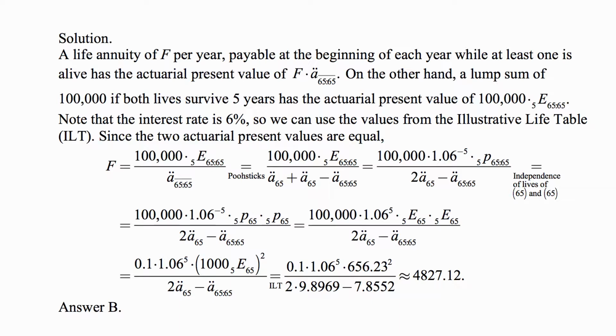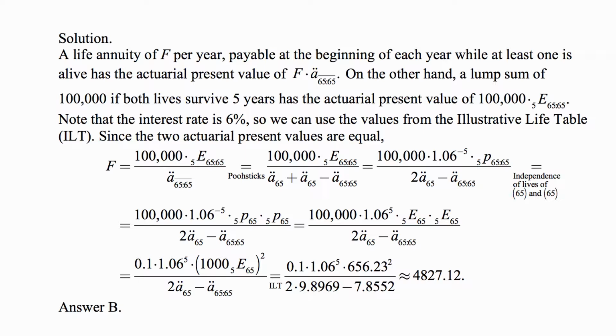However, the lives are independent, so 5p65:65 is equal to 5p65 times 5p65 because they're independent. And if you multiply 5p65 times 1.06 to the negative 5, then you get a pure endowment, 5E65. If you multiply the other 5p65 by 1.06 to the negative 5, you also get pure endowment, except you only have one 1.06 to the negative 5.